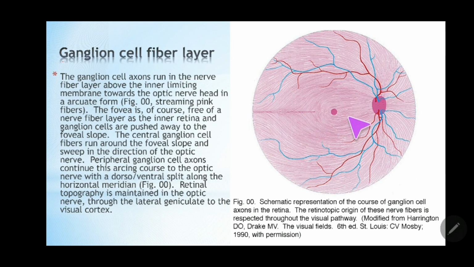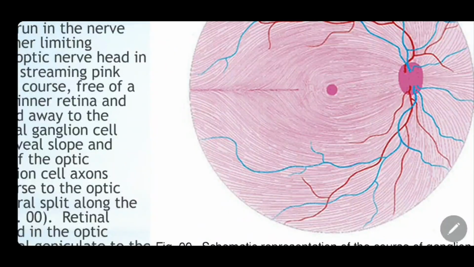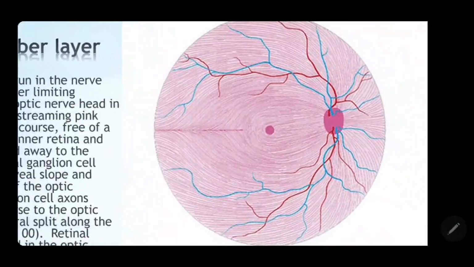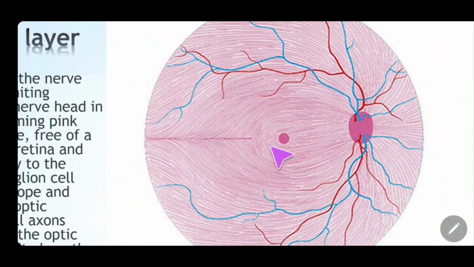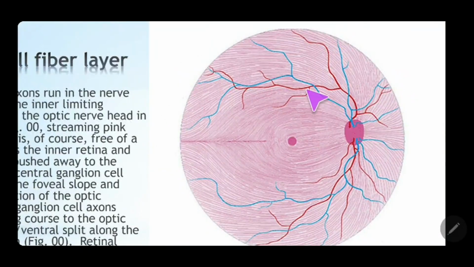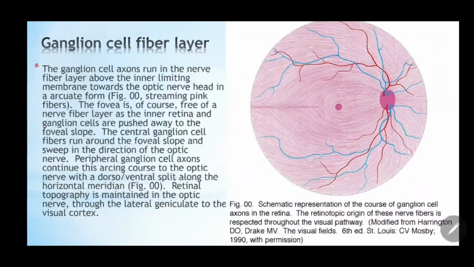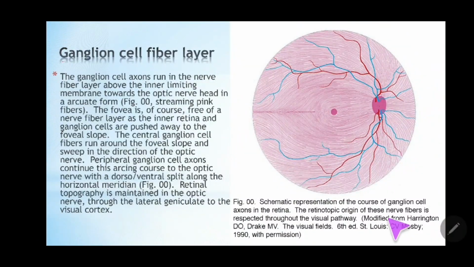If you are not able to see, let me zoom it. I think it will be better now. These are the streaming fibers; they are arcuate, reaching towards us. These fibers will pass into the center, and these fibers have the horizontal meridian. Fibers above that will converge peripherally, and even from the nasal side they will converge into the periphery of the optic nerve. So this is a schematic representation of the course of the ganglion cell axons in the retina.